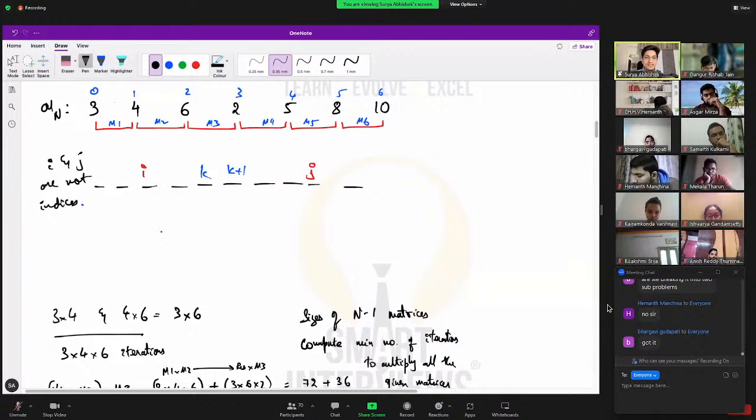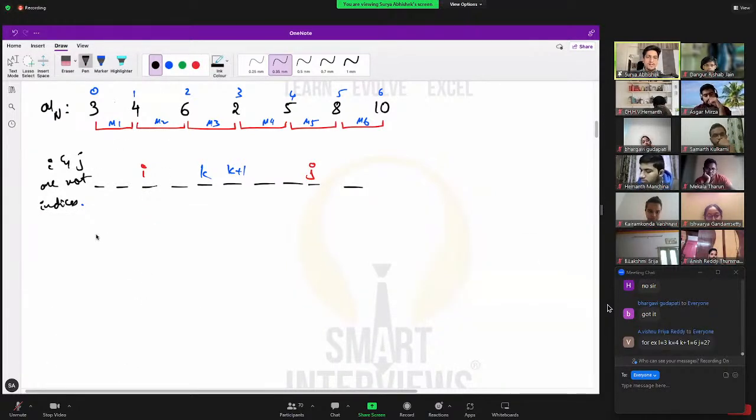Now let's try to understand how exactly this will translate to the indices that we have here. Before that, we'll go step by step. For example, i equal to 3, k equal to 4, k plus 1 equal to 5. Oh, you're pointing to these things.